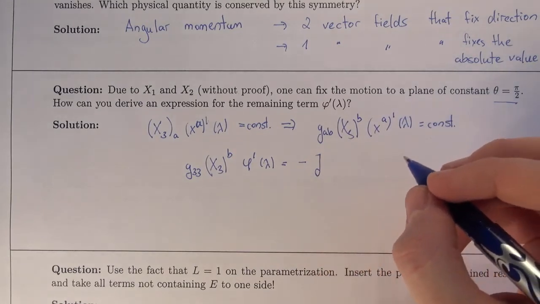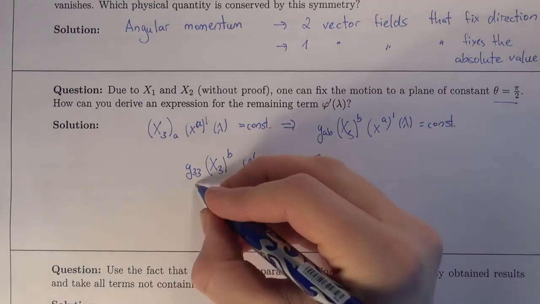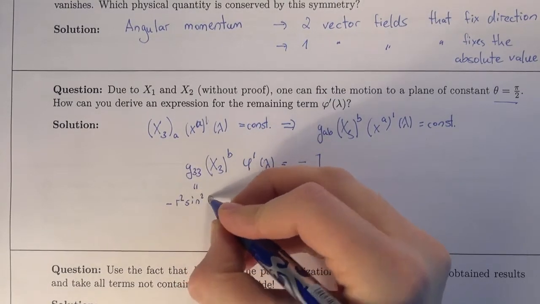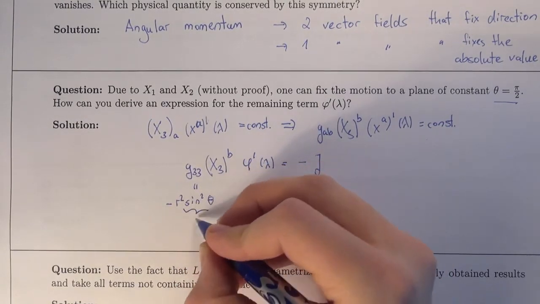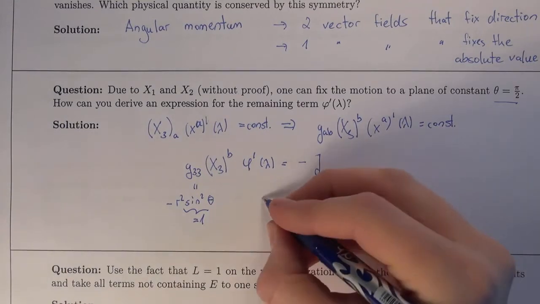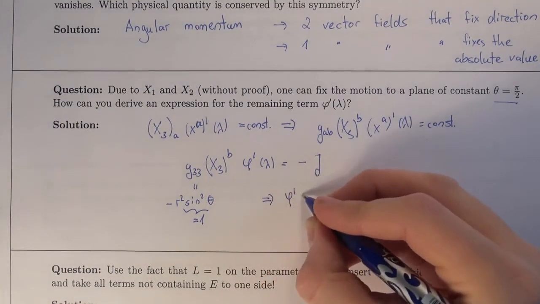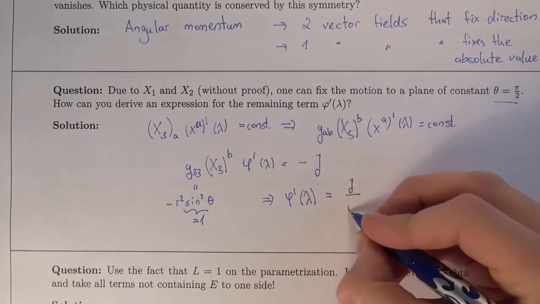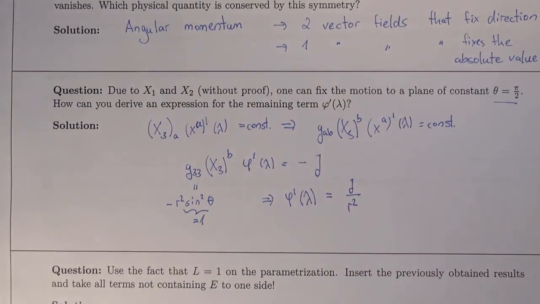So g33 was just minus r squared sine squared theta. However, we know that theta is equal to pi half, and thus the sine squared is just 1. And for that we find that phi prime of lambda is equal to J over r squared, which is a nice formula in fact.